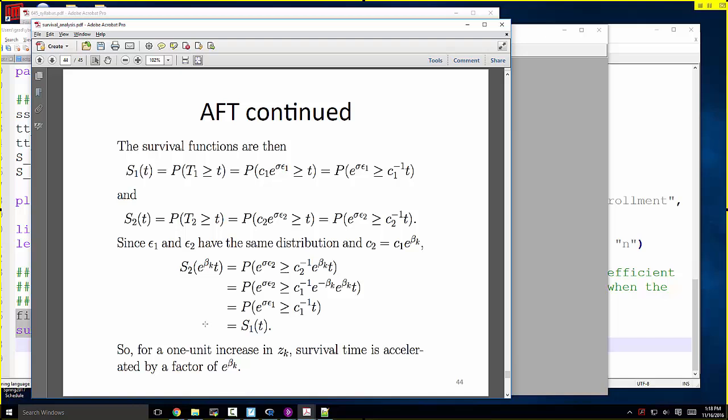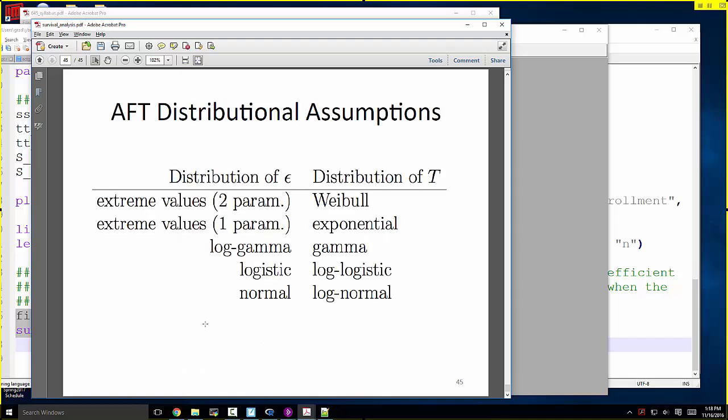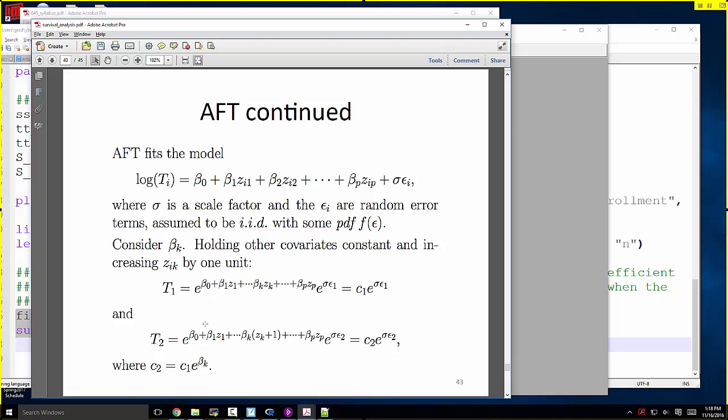When we do an AFT model, what do we have in terms of interpretation of coefficients? I have written out 2 event times here.